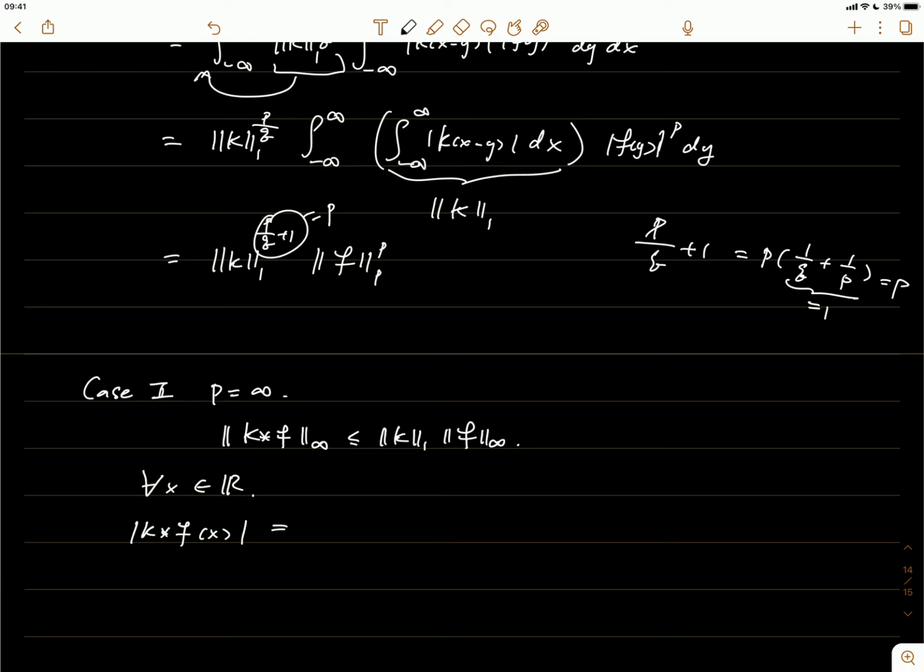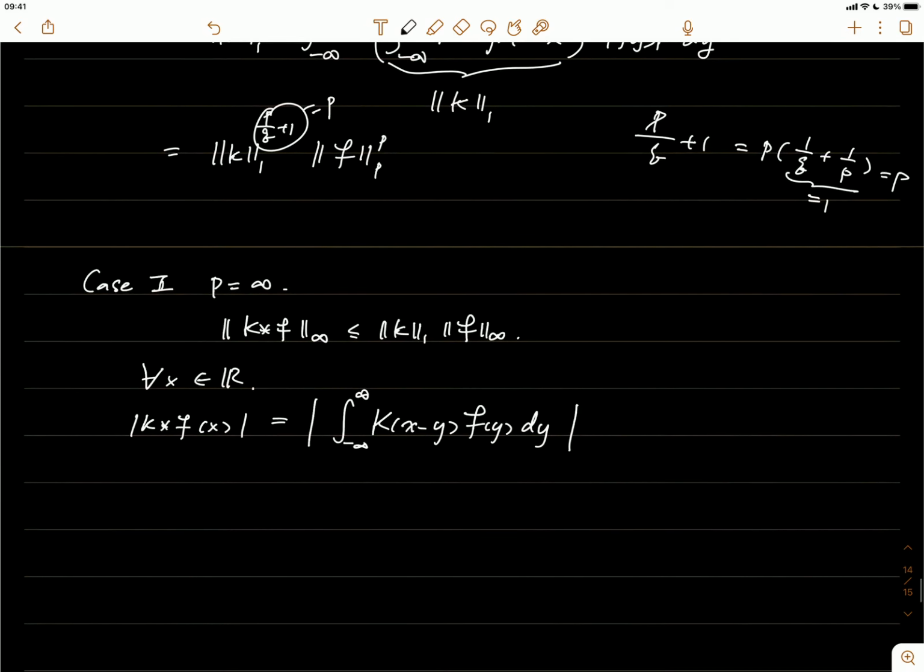By definition, this is just the convolution, the integral of k(x minus y) f(y) dy. And as you can see, this is bounded by the infinity norm of f, the essential upper bound of f, right?